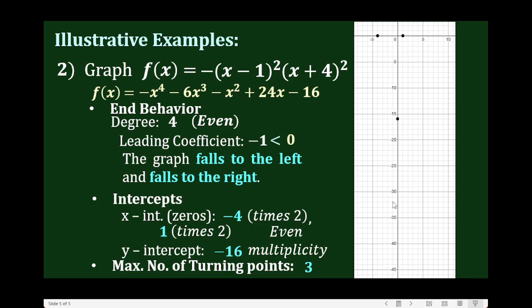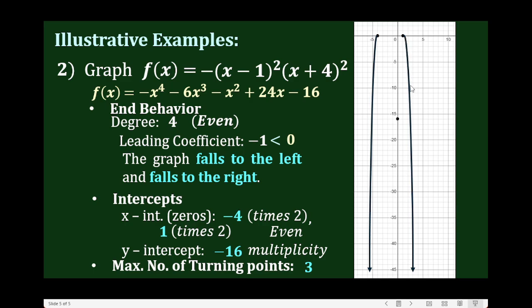And then we trace the graph. So starting on the left side point, using a smooth curve, we draw a graph going down. Same thing with the right side, we go down with the graph. And then from each of these coordinates, the graph will just touch the x-axis and then turn around.